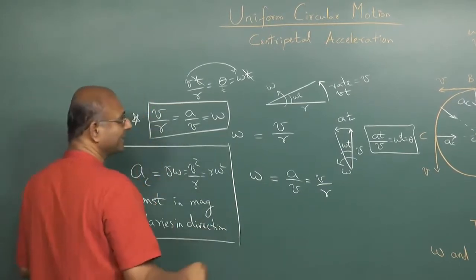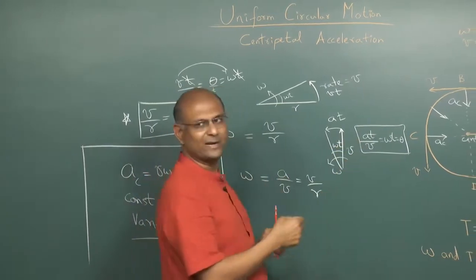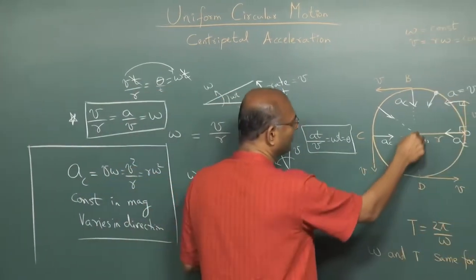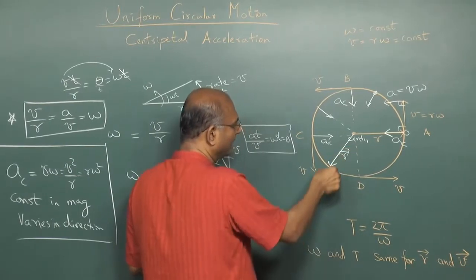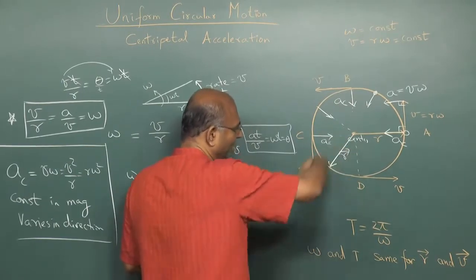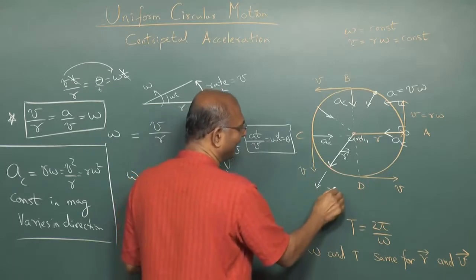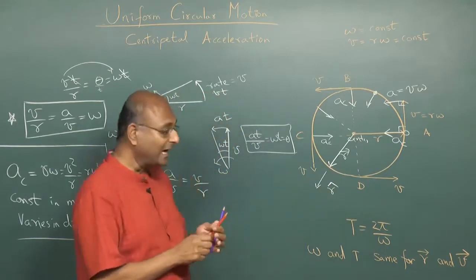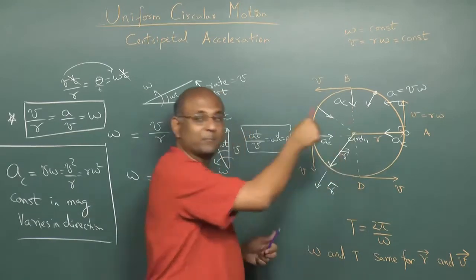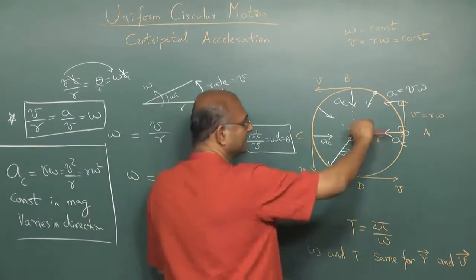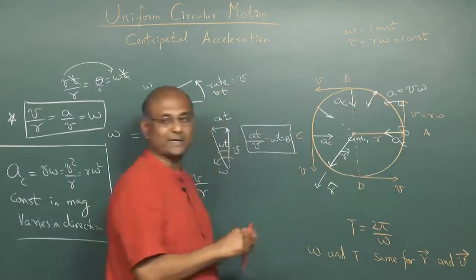The second important thing is I can write this in a vector kind of form. So suppose I was talking about this being my r vector. The direction away from the center would have been called r cap. Always r vector is pointing from the center to the particle. So it is like this, it is like this. This is called the radius vector, right?